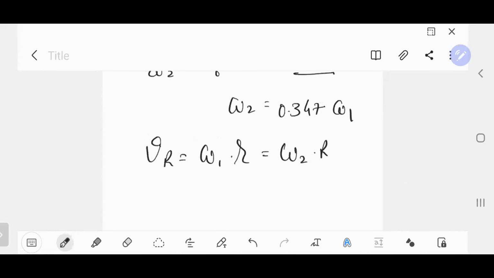In case of gear, the rolling velocity for gear 1 will be the same for gear 2, because ultimately it is transferring the power. So both are equal. So omega 2 is equal to 0.347 omega 1.